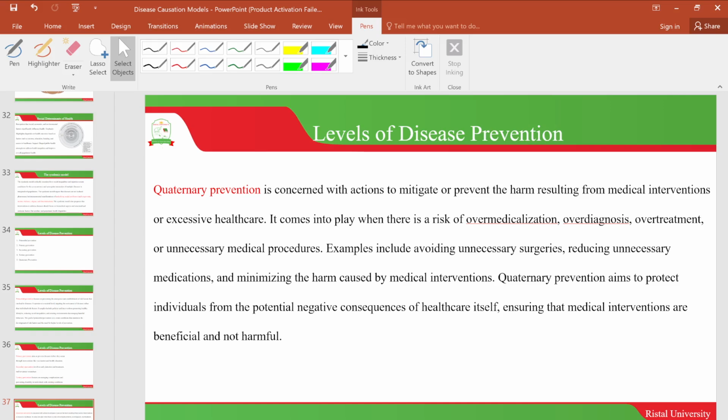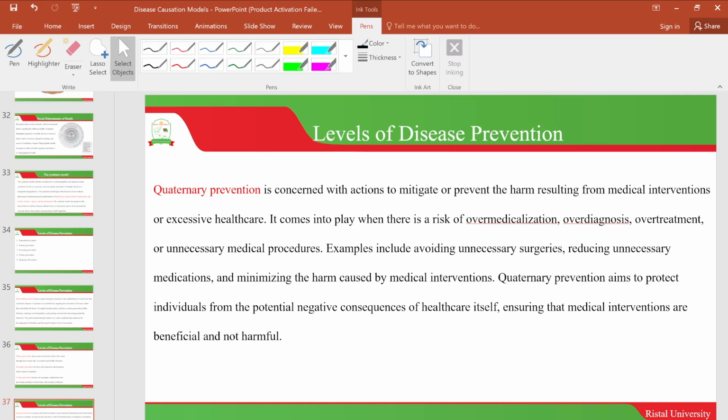So I don't know if you have ever witnessed this. There are individuals that could be having particular diseases, but the physicians and all the other health workers are giving a lot of treatment for this case. Yet, this treatment is not actually very necessary.